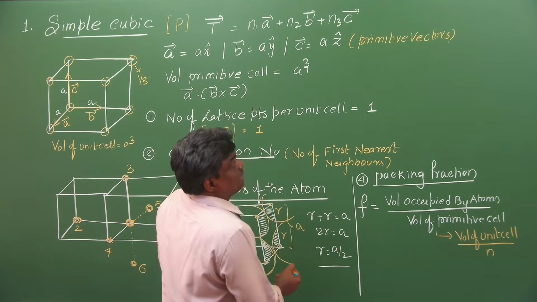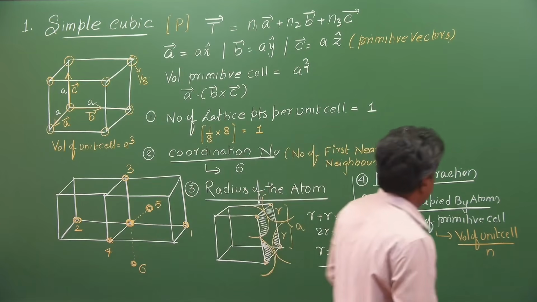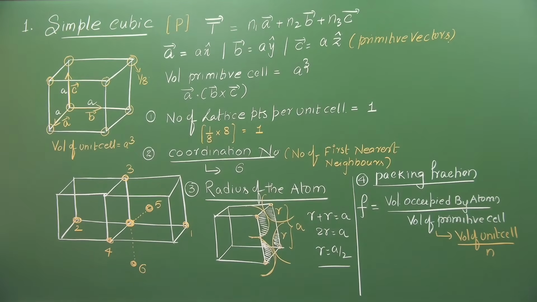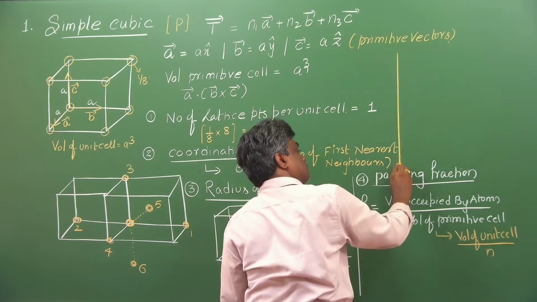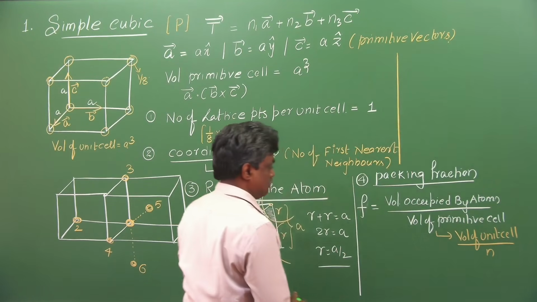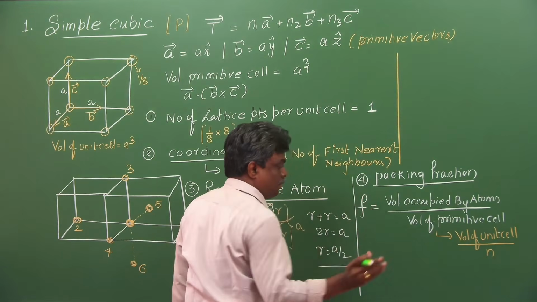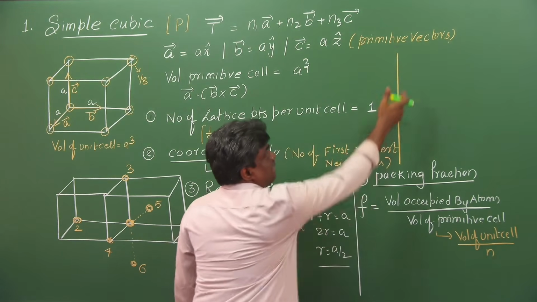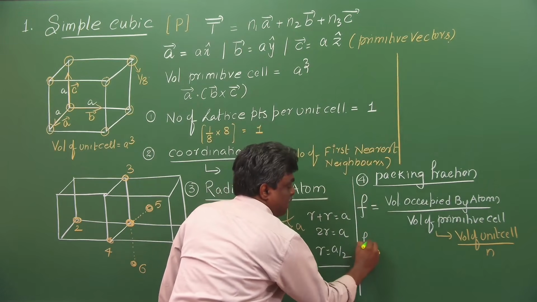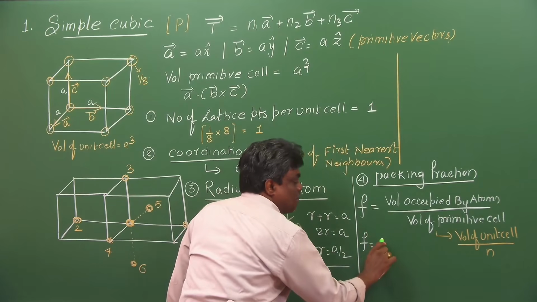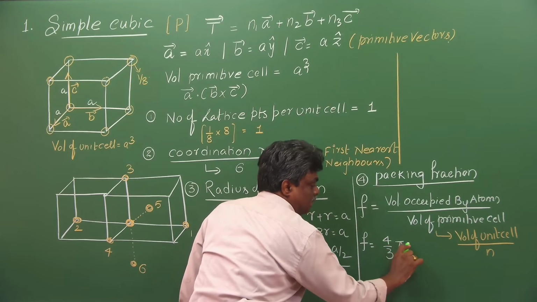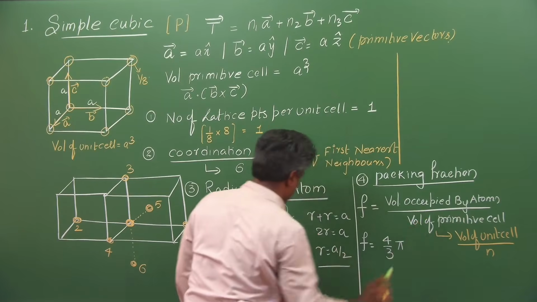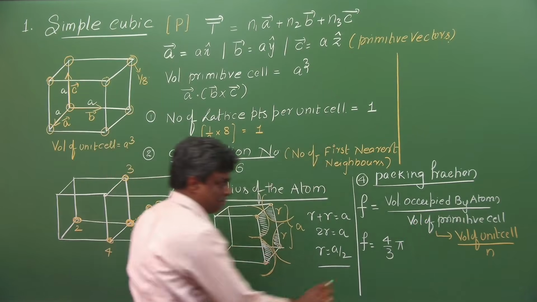Okay. Yeah, first write down. 1 minute. Let me finish it. F equal to, could you please tell me, what is the volume of the atoms occupied? 4/3 pi r cube. Could you please tell me what is R?